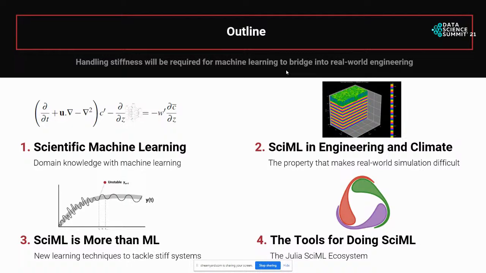If you just try to use a standard machine learning approach on a scientific problem, you don't necessarily solve the problem all the way. You really need new tools to handle these kinds of issues. Then I'm going to end by showcasing the tools in the SciML ecosystem and how they solve the problems I described.